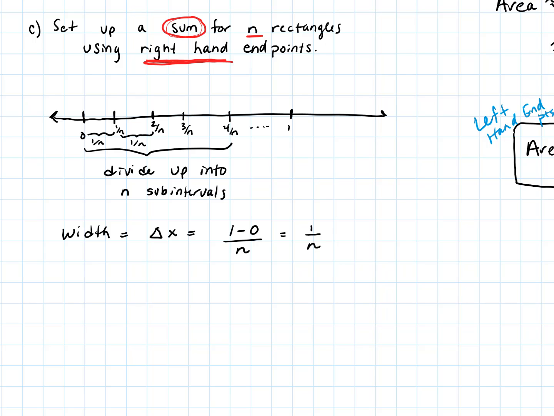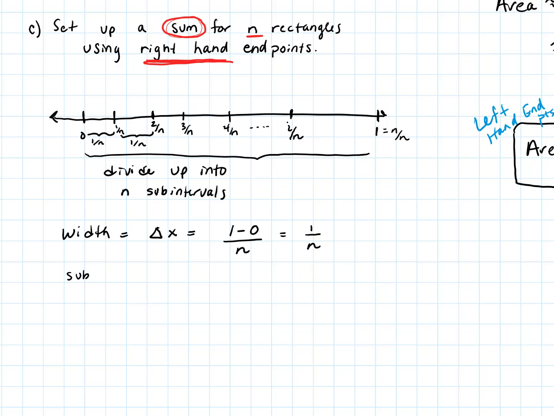And we get to some point like right here where we would call it just i over n. And then eventually we get over to 1, because we actually add n of them up. The reason we get to 1 is because the last i is actually n, so this would be n over n, which is, of course, 1. Okay, so that's our width. Our width is 1 over n.